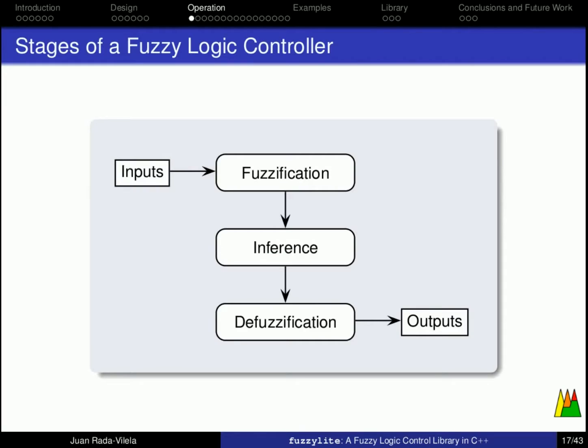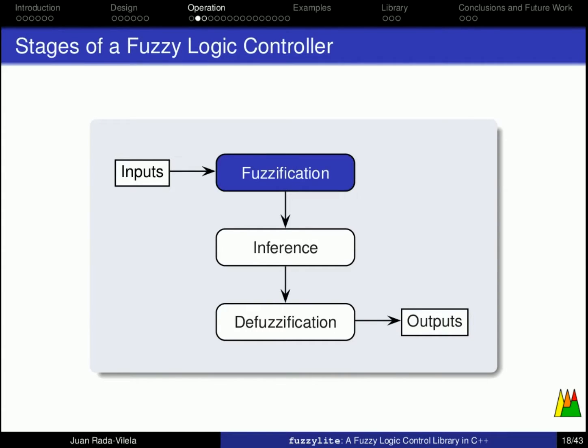So, the moment that you rank the quality of the service, the fuzzy logic controller will undergo 3 stages, named fuzzification, inference, defuzzification, and finally we will obtain the output, which would be the tip.